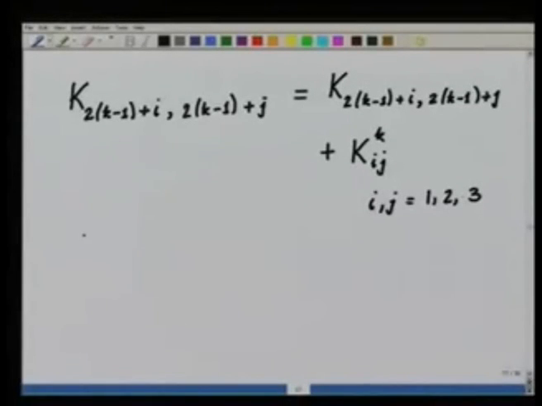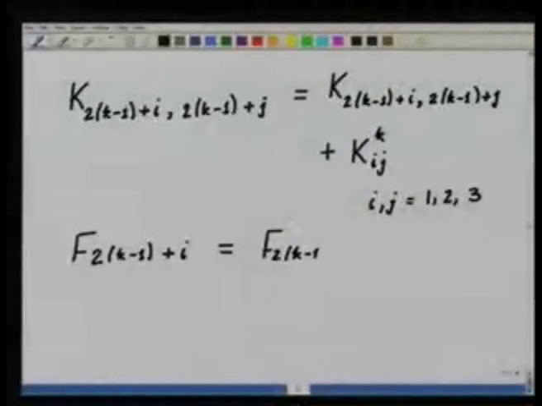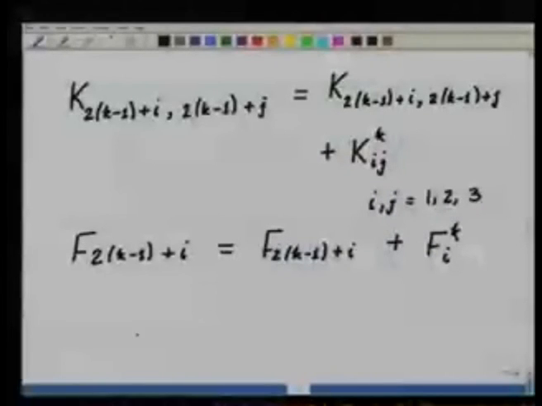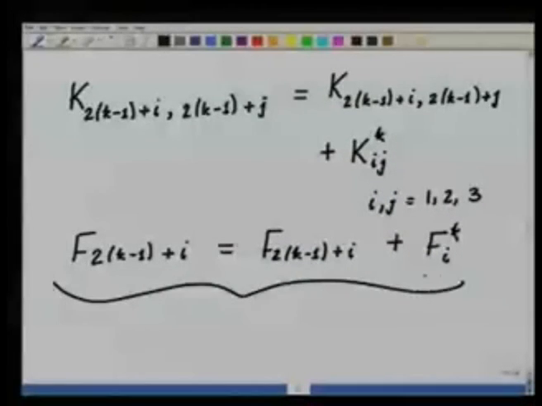Similarly, F of 2k minus 1 plus i will be equal to F of 2k minus 1 plus i, to which I am going to add f_i^k. So this is the assembly procedure.